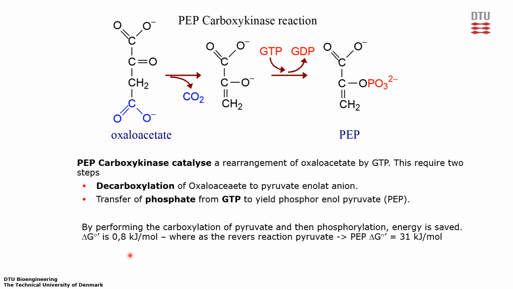So here we are actually saving a lot of energy by using this carboxylation to make oxaloacetate and then decarboxylate that. That's one of the reasons why it's a bit more complicated than going the other way around. So this number with the pyruvate and PEP is of course for the glycolysis reaction, right? So this is the opposite reaction, so that's where it is.